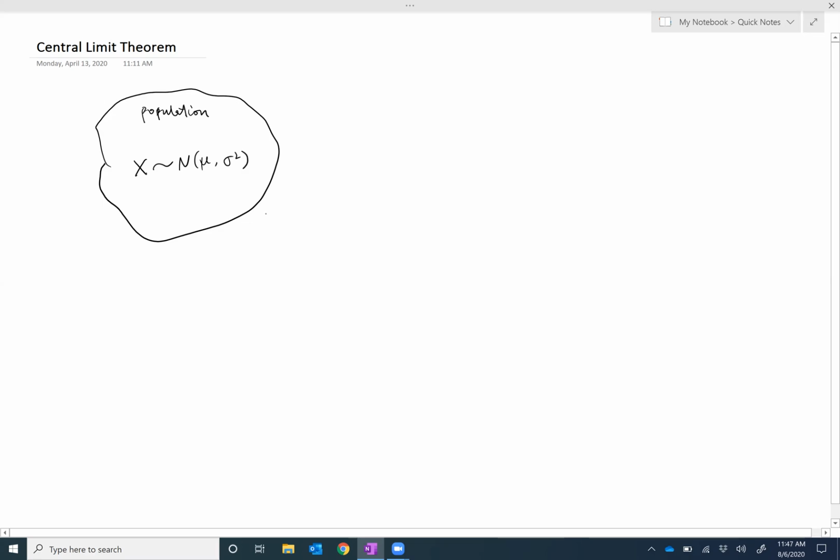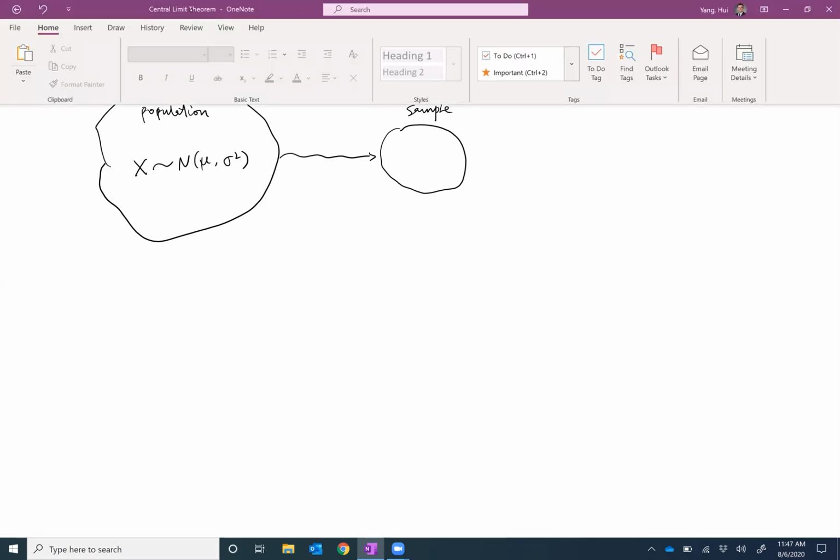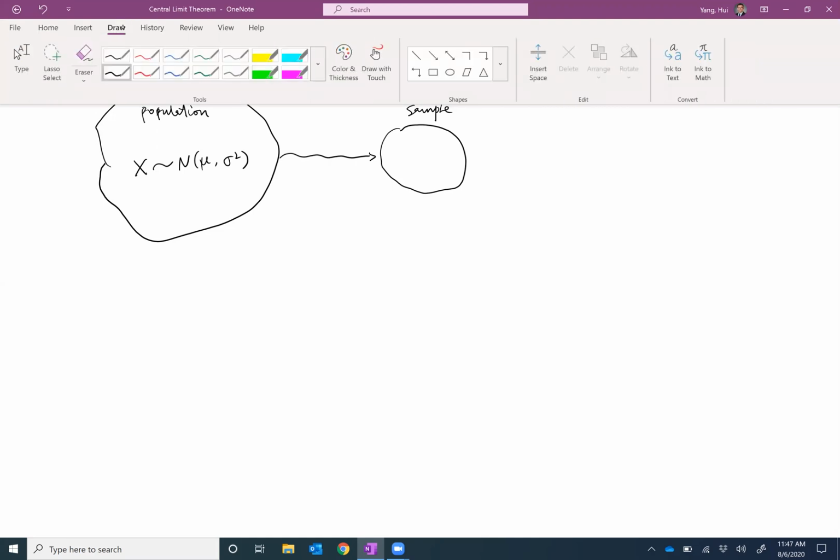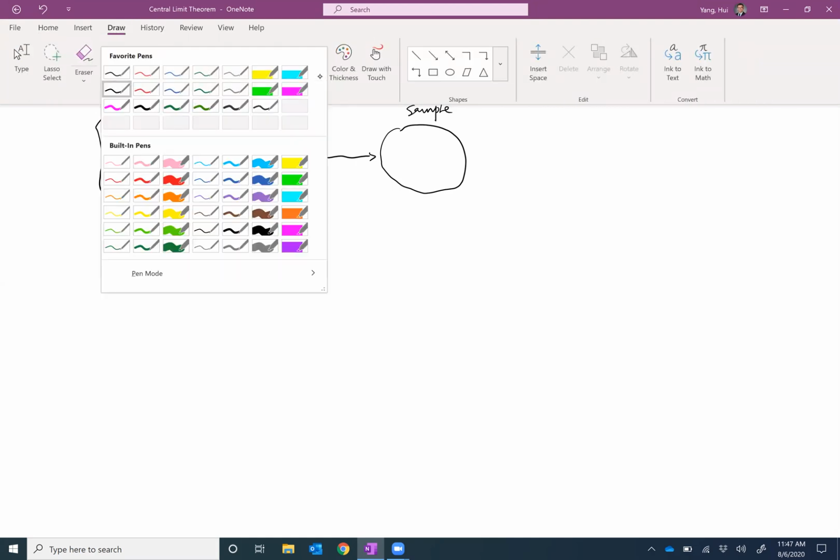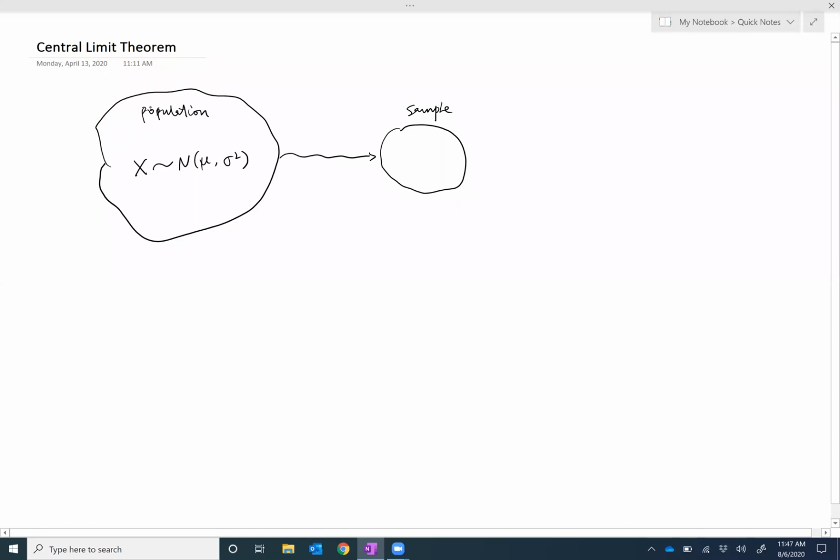Now if we take a representative sample, this is a sample. So a sample is a representative subset of the population. Then the sample mean.